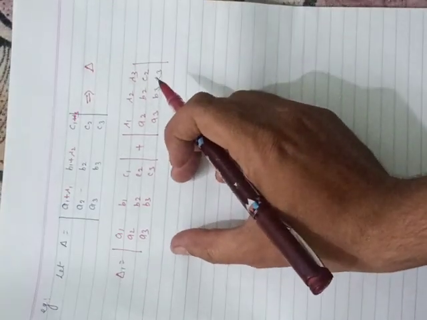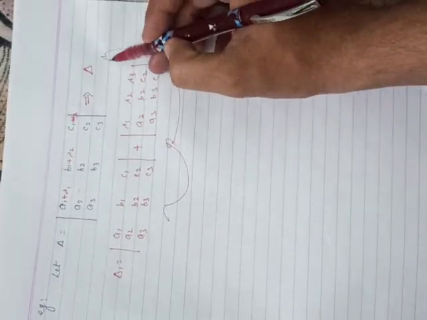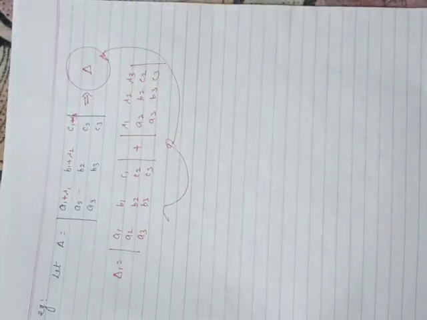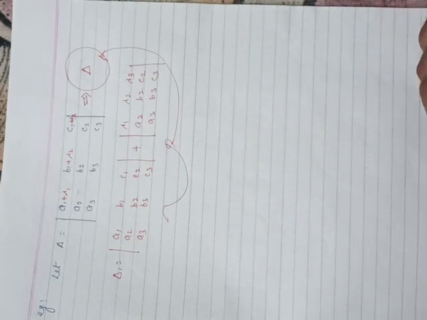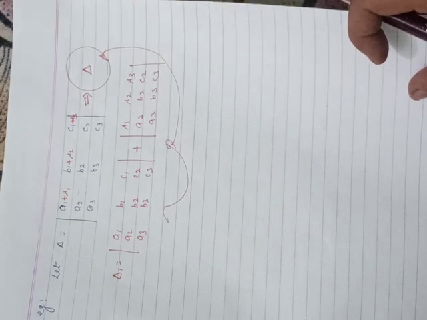If I solve it separately, the answer will be the same as the determinant we got when they were together. So I think you understood what the properties of determinants are.